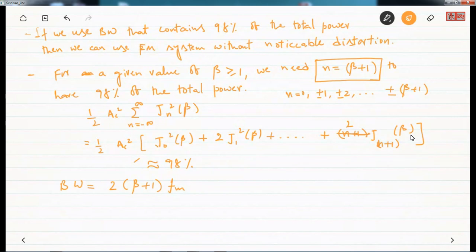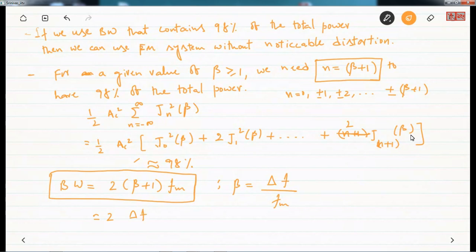So the total bandwidth, we can write that as bandwidth is equal to 2 into beta plus 1 into FM, because we are considering the modulating frequency as FM. Beta is equal to delta F by FM, right? If you substitute that beta here, then this is equal to 2 into delta F by FM plus 1 into FM.